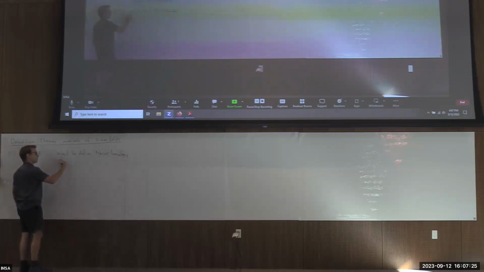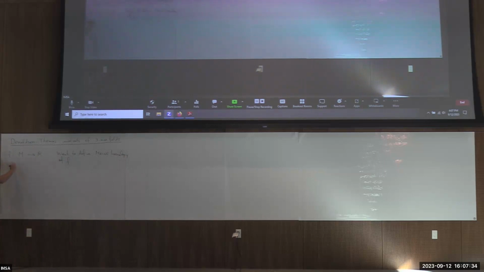And this is something that's well defined if M is compact and closed.